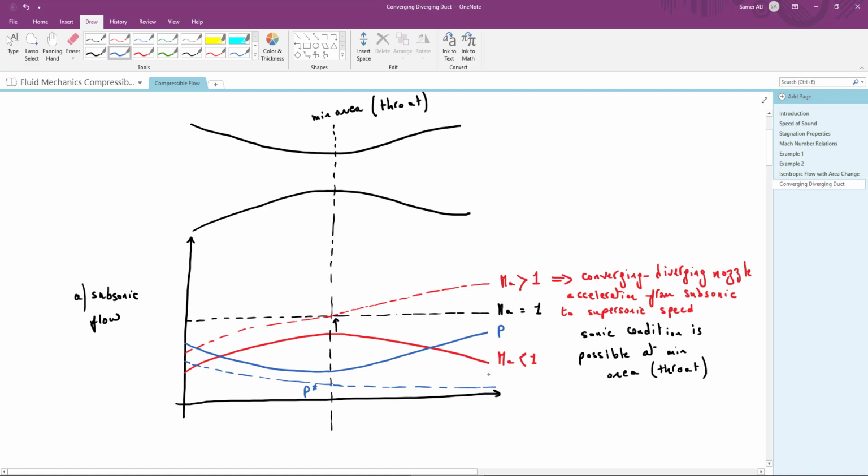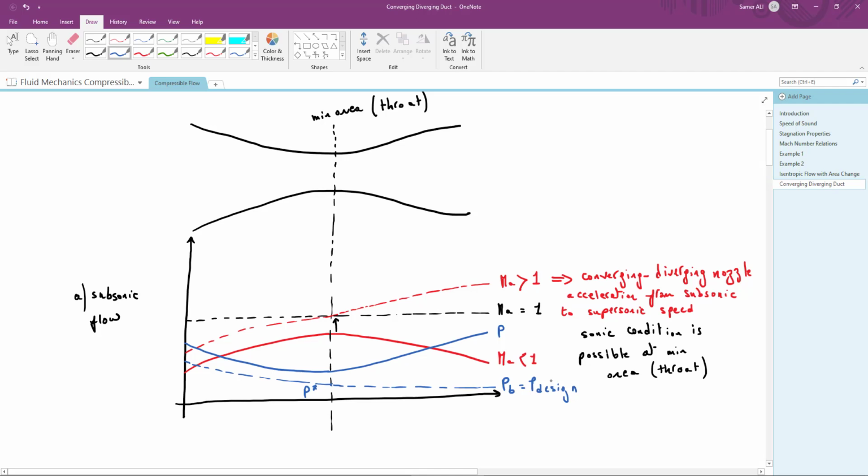duct. So the pressure here we call the back pressure PB, and the back pressure that corresponds to supersonic flow condition in the diverging section is called the design pressure. So this is the pressure that is suitable for this transition to supersonic speed.